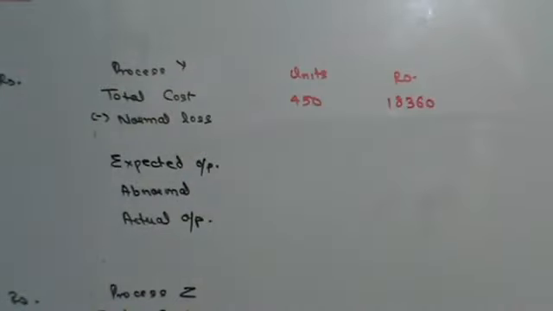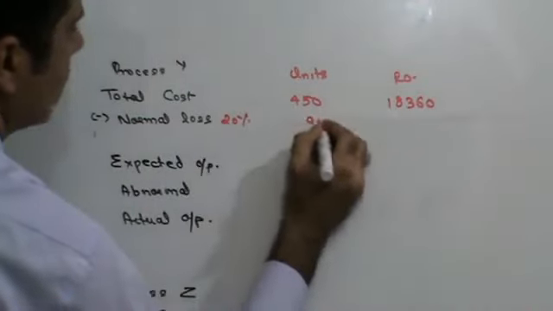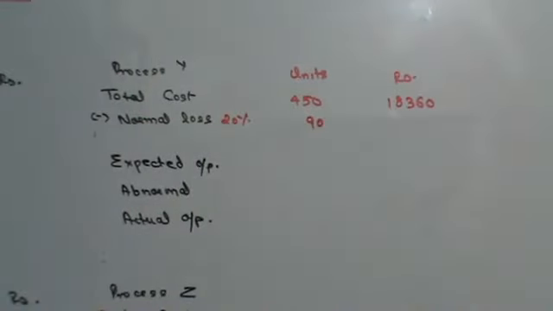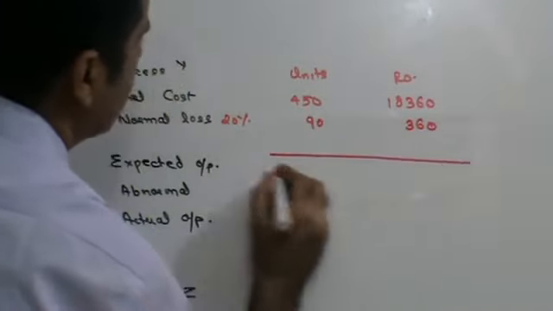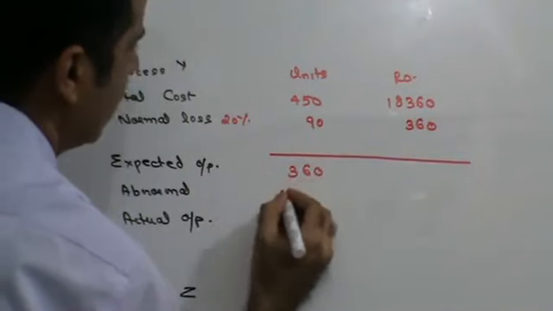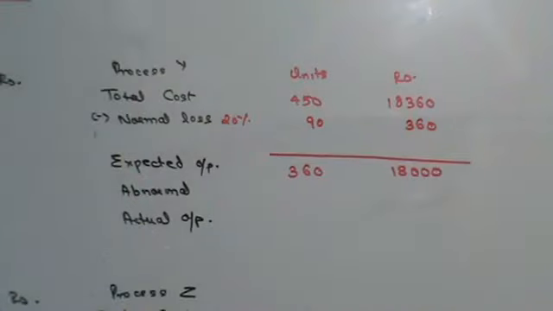Normal loss is given to you as 20%. So that is going to be 90. At the rate of scrap is given to you as 4. 9 4s are 36, 360. So this is going to be 360 and this is 18,000, right? So my CPU is going to be 50.